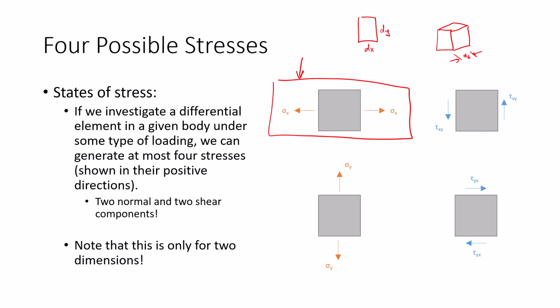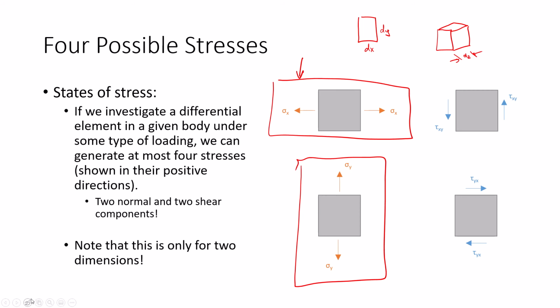And I've drawn them according to their accepted positive sign convention. So we consider tensile stresses to be positive, right? Similarly with y, a stress going up and a stress going down. Those are my 2 normal stress components.